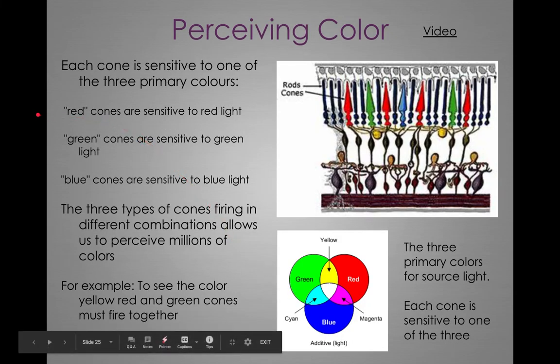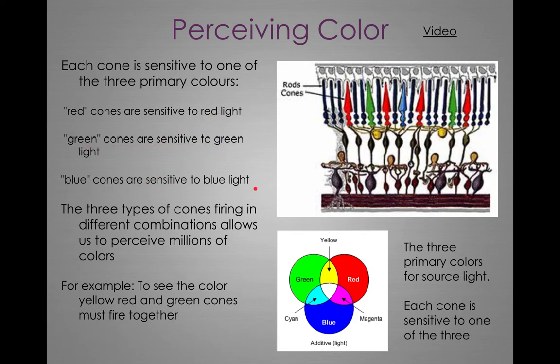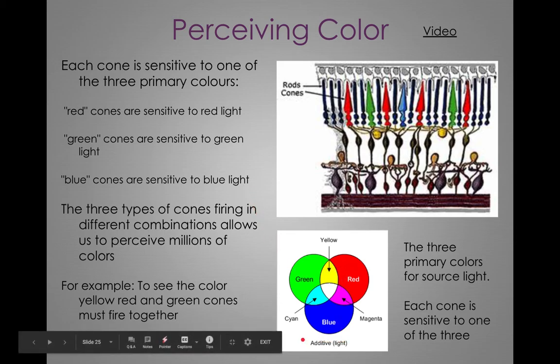Red cones are sensitive to red light, green cones are sensitive to green light, blue cones are sensitive to blue light. In the same way as this computer screen and your TV screen combine the three primary colors in additive combination. For those of you who are artists, paints are subtractive, but light is additive.